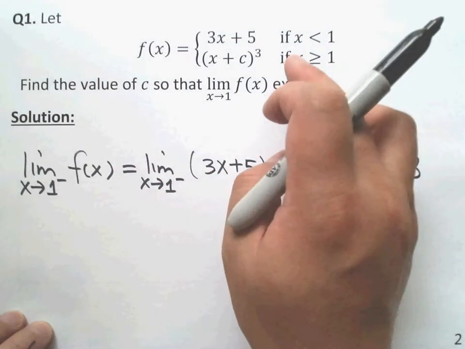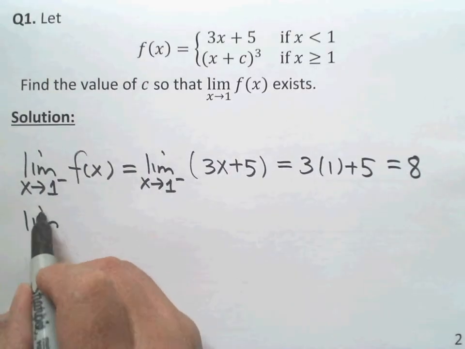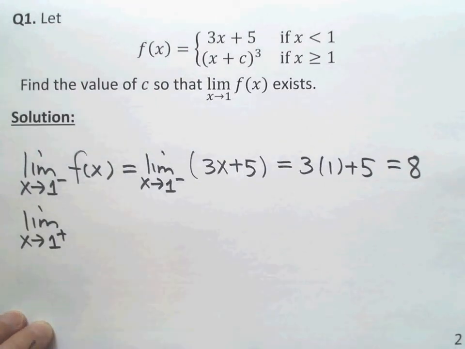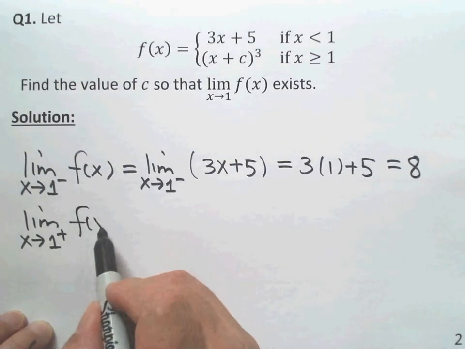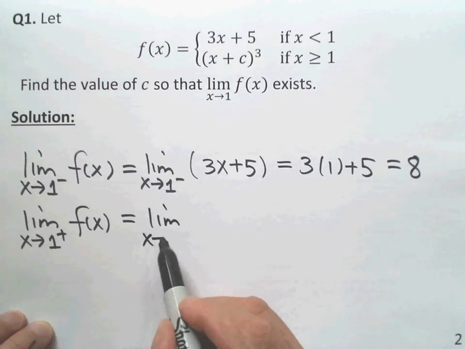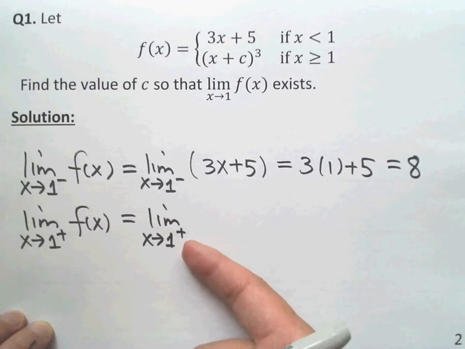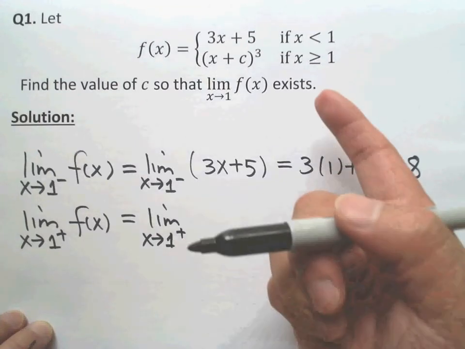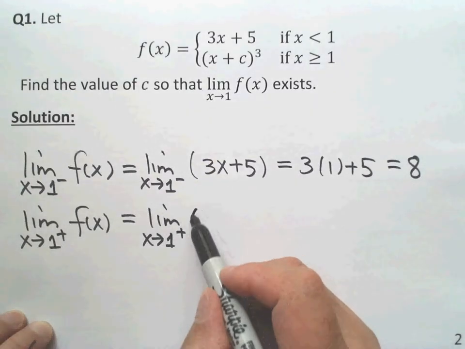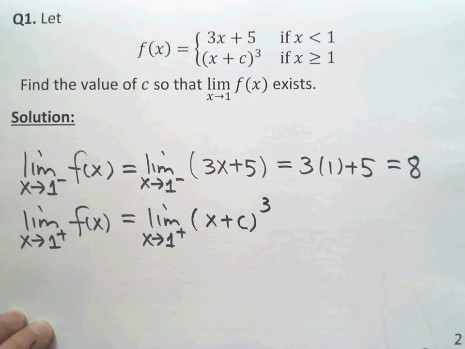Now we look at the right-handed limit. For the right-handed limit, which function do we use? Approaching 1 from the right side means greater than 1, which is the power function, (x plus c) to the third power.